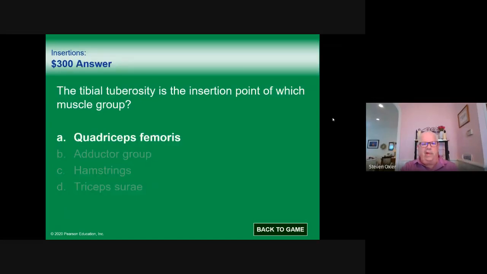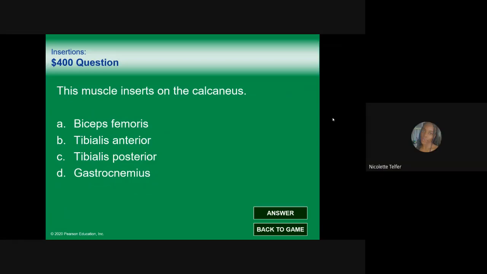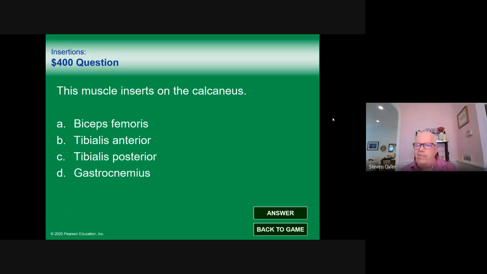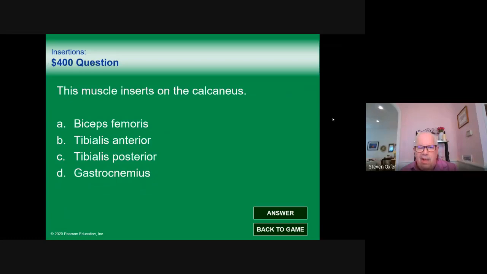You don't have to know that. That's not important. All right, here's another one. You don't have to know the insertions, but let me ask you this. Where's the calcaneus? Your foot. What part of your foot? Your heel. Is your heel anterior or posterior? Posterior. Give me the answer.